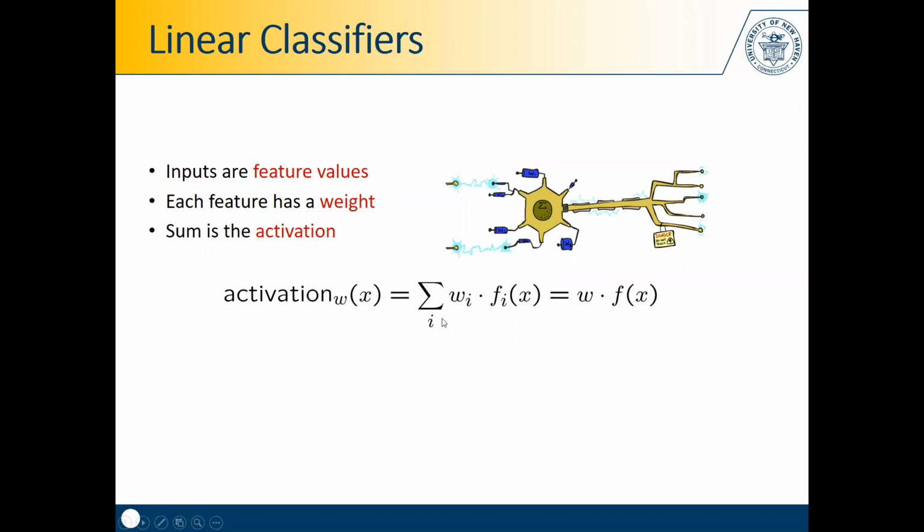Now, this summation can also be formulated as a dot product. If you recall dot products from your earlier linear algebra classes or calc classes, this is essentially the same thing.